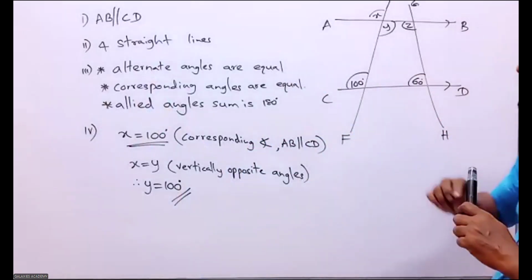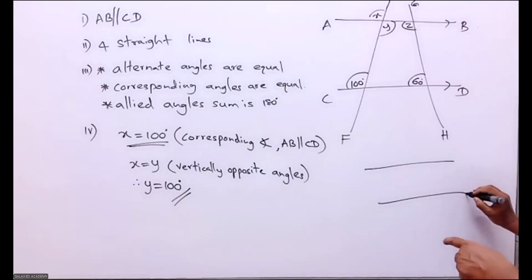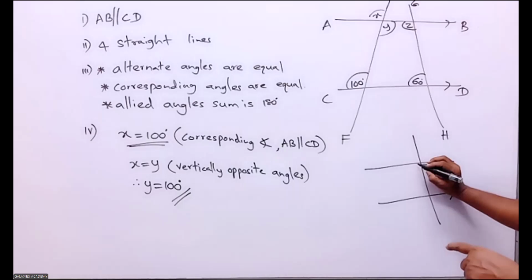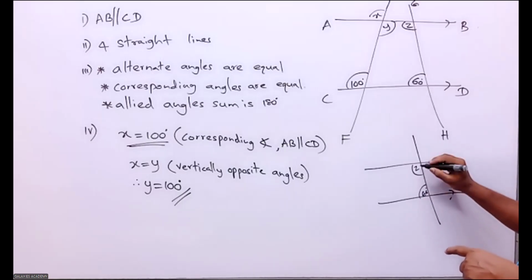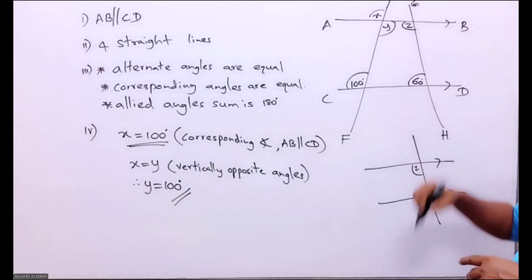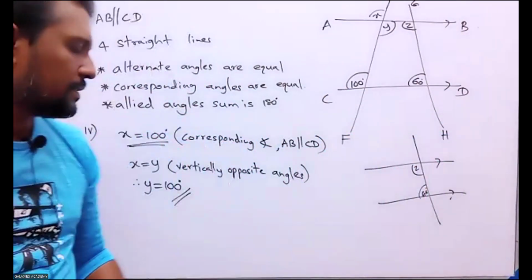Look at these two, Z and 60. This one is Z, this one is 60. So these two are which type? Allied angles. The sum of allied angles is 180 degrees, right?